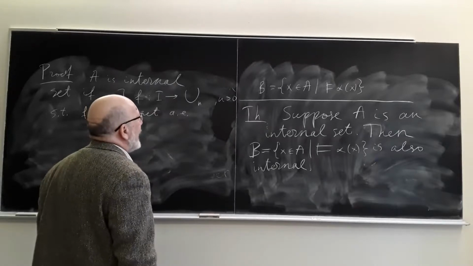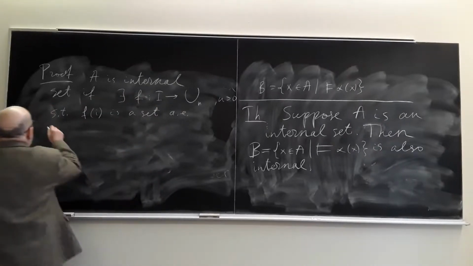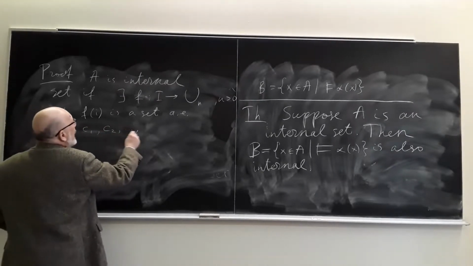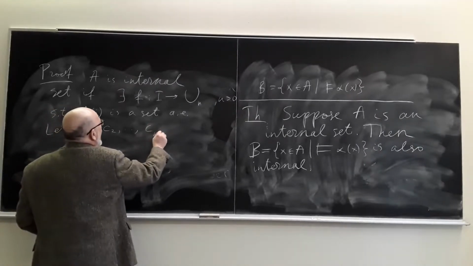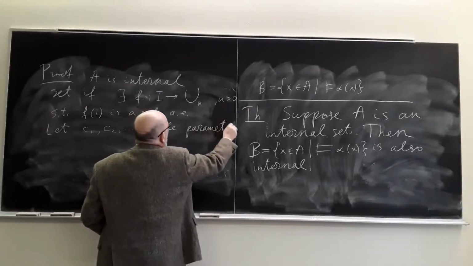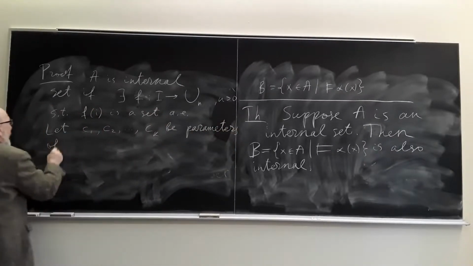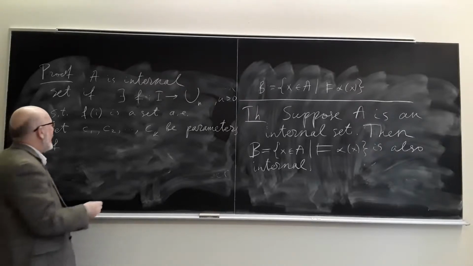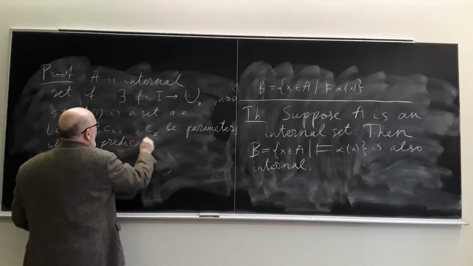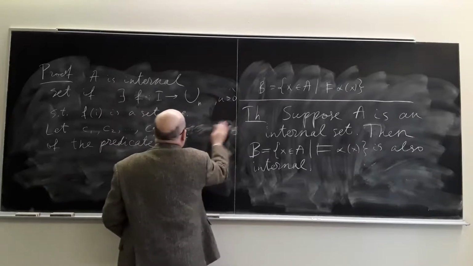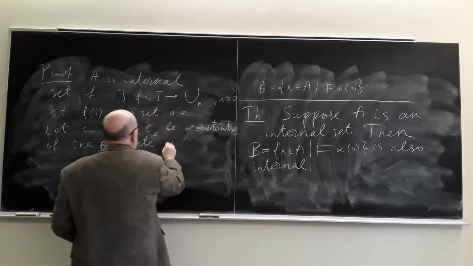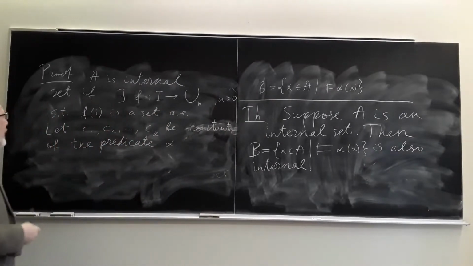Now, what are the parameters? Let C1, C2, and so on, Ck be parameters, parameter constants, of the predicate alpha.